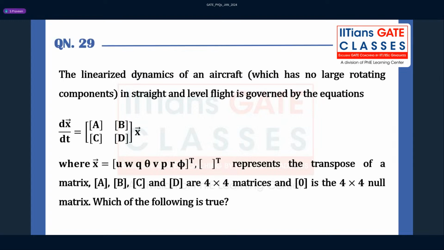The linearized dynamics of an aircraft in straight and level flight is governed by the equation dx by dt equals [A B; C D] times x bar, where x is u, w, q, theta, v, p, r, phi transpose. This matrix transpose represents the transpose of a matrix. A, B, C, and D are 4 cross 4 matrices, and 0 is the 4 cross 4 null matrix. Which one of the following is true?